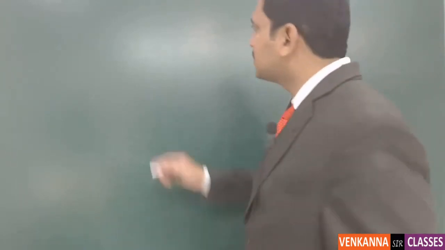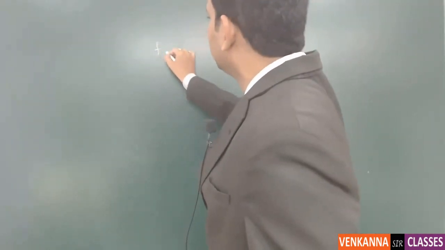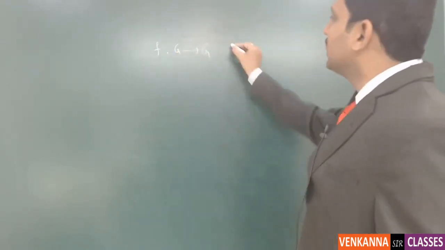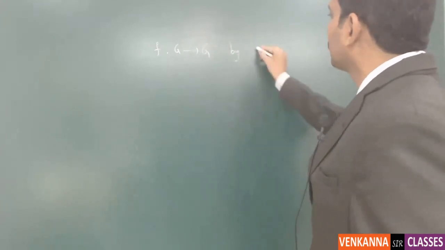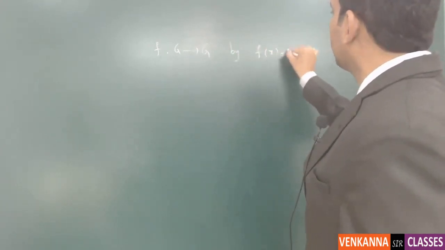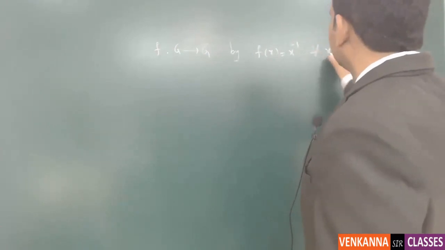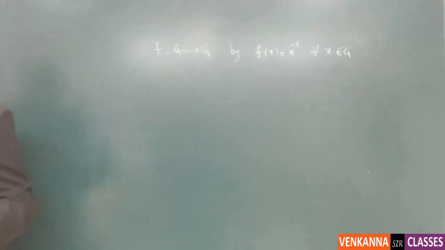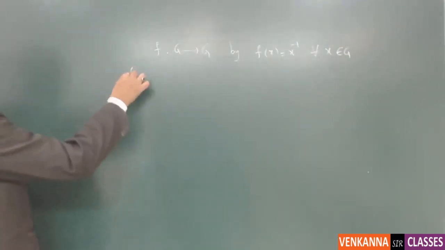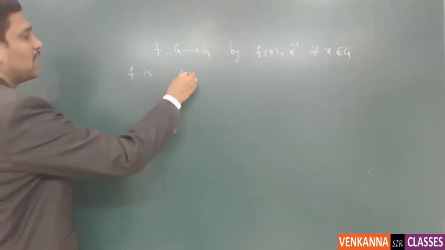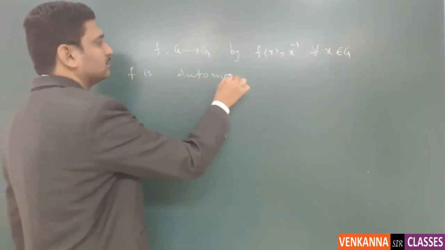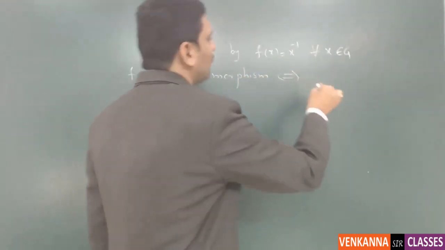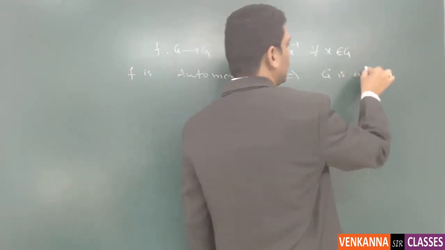Another interesting problem is, you take the function f from G to G by f of x equal to x inverse. The interesting concept here is that f is an automorphism if and only if G is abelian.